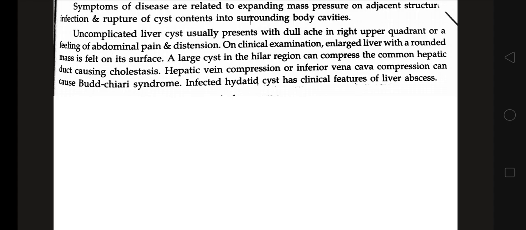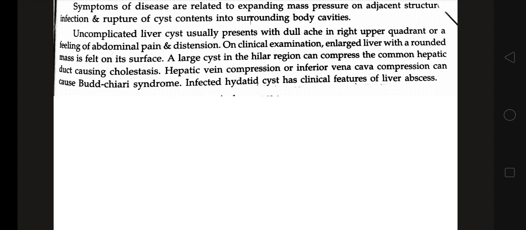A large cyst in the hilar region can compress the common hepatic duct, causing cholestasis. When there is a large cyst, it will put pressure on this duct, and the bile that is produced will stay there itself. That is called cholestasis.